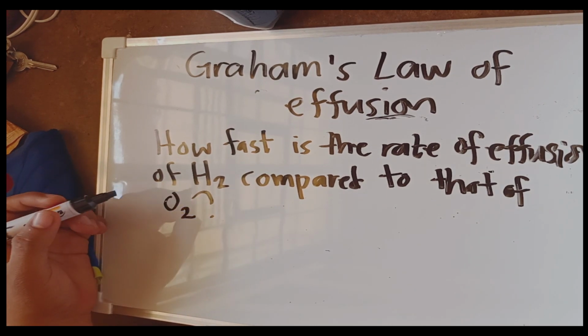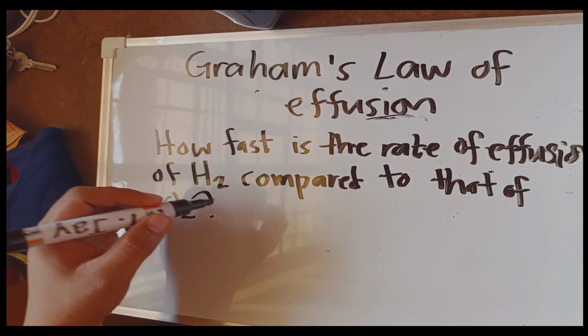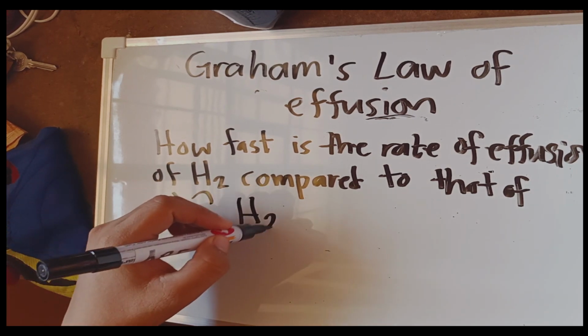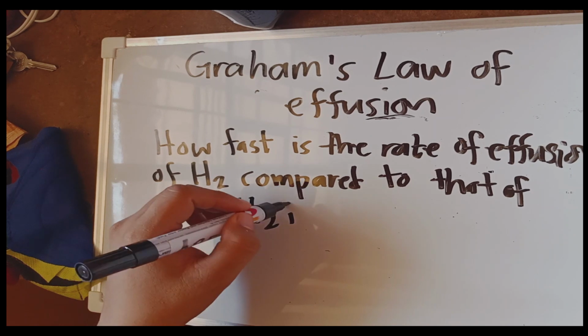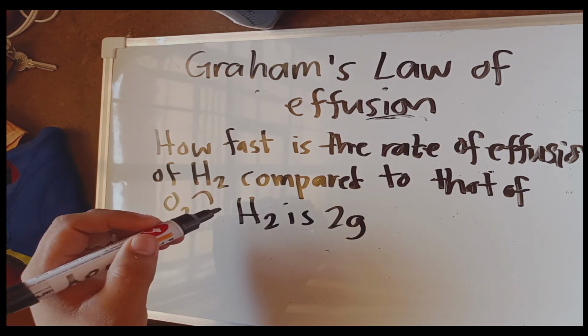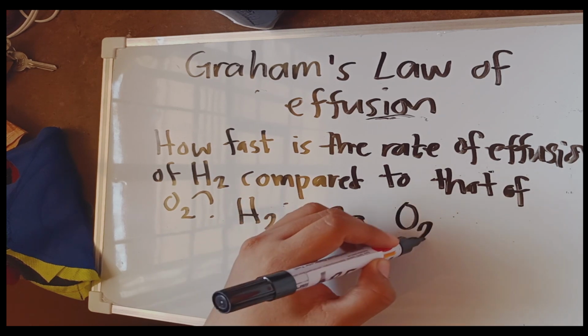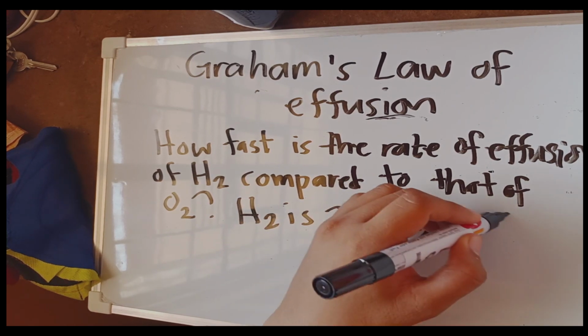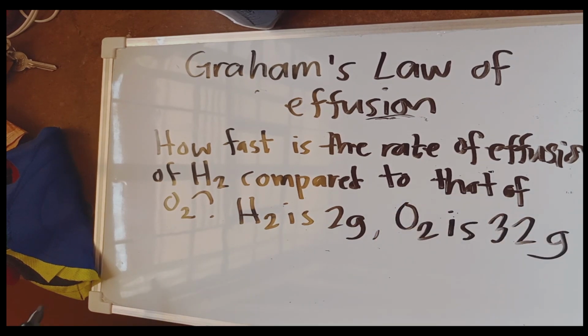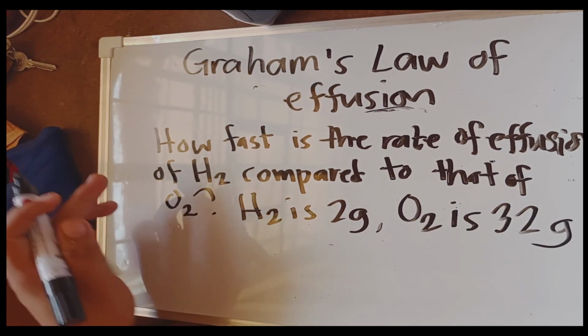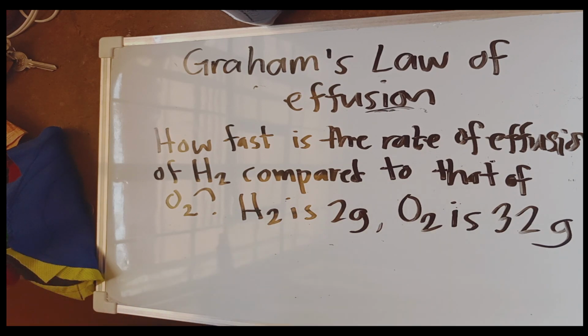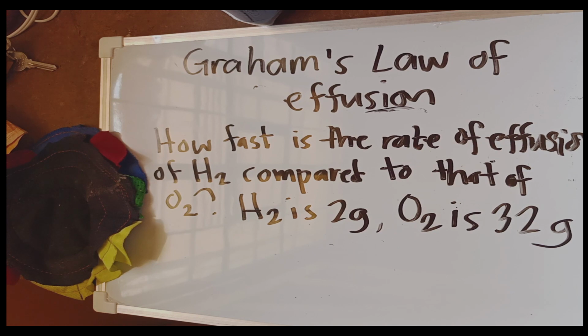Okay, so let's write: hydrogen H2 is 2 grams and oxygen O2 is 32 grams. This time we need to solve how fast the rate of effusion is. So they are being compared, and their rates are compared by the given molar mass.